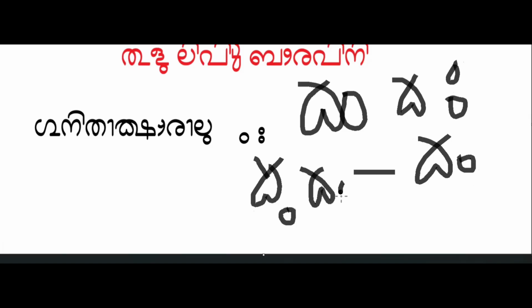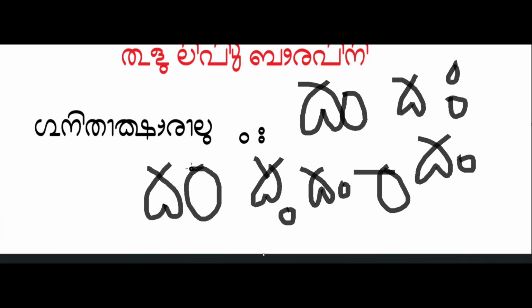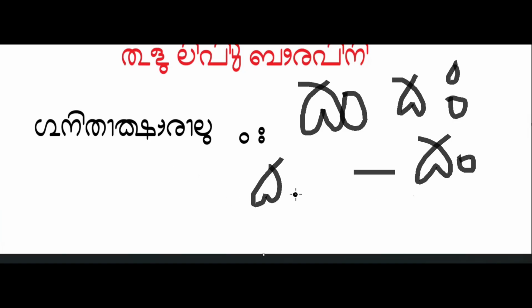If you put it after the letter, it has to be a small letter only. If it is a big letter, it becomes ta. So we have to put it carefully. If it is at the bottom, ku; if it is beside the letter, it is this. If it is a big letter, it becomes tha, katha like that. One dot will be there means katha. So carefully we have to mention.